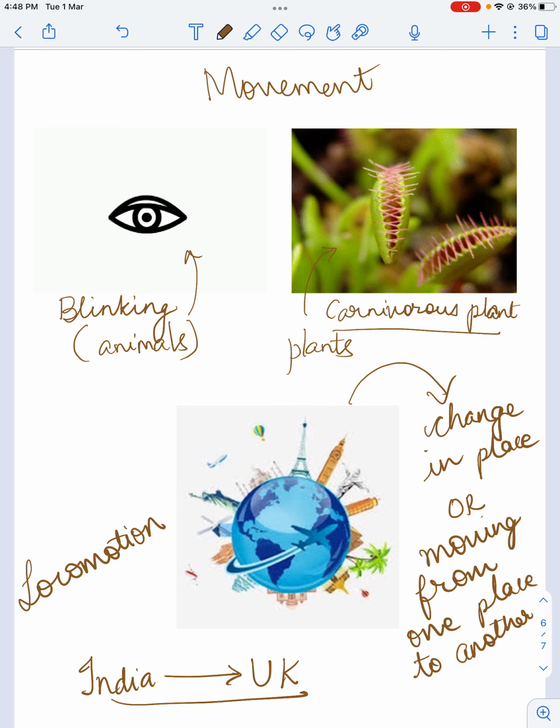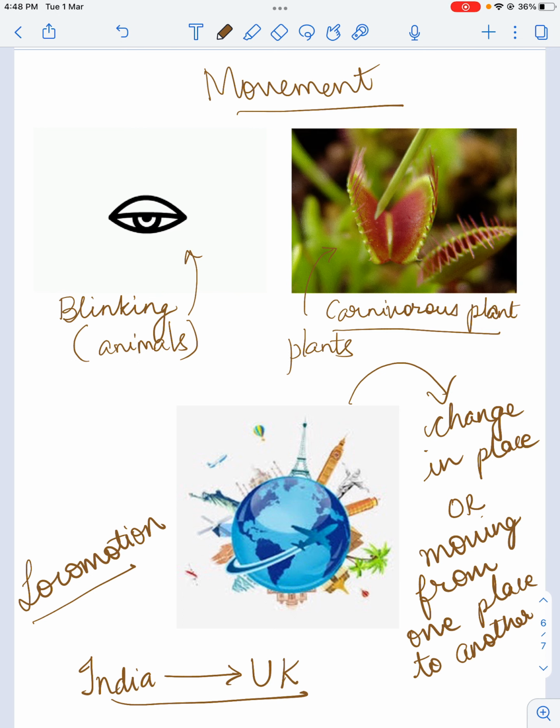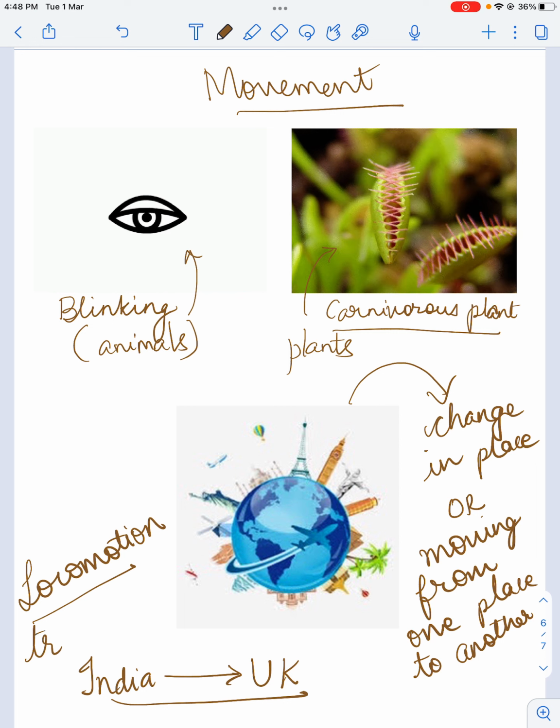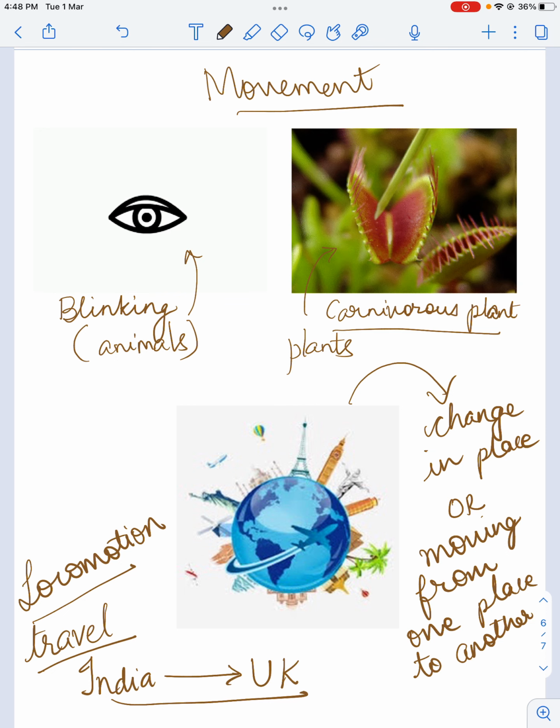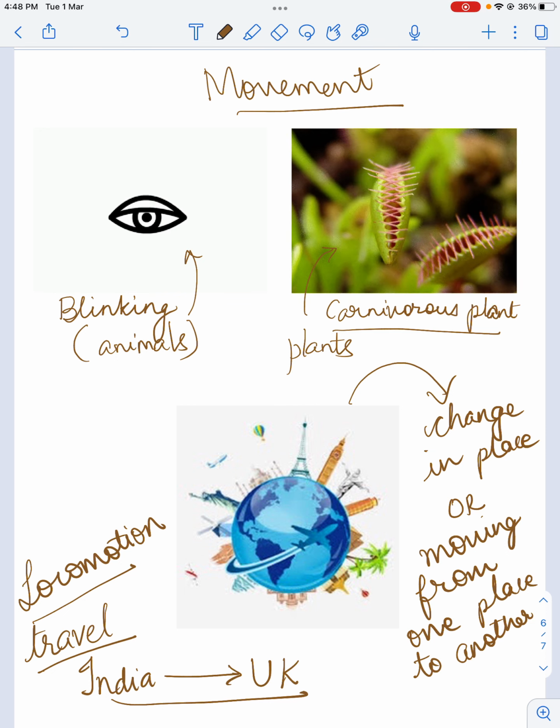Let me repeat this for you. Locomotion and movement are different. Locomotion is the change in place. You can remember it very easily if you think of travel, which we have all been restricted from for the past 2 years because of the ongoing situations.